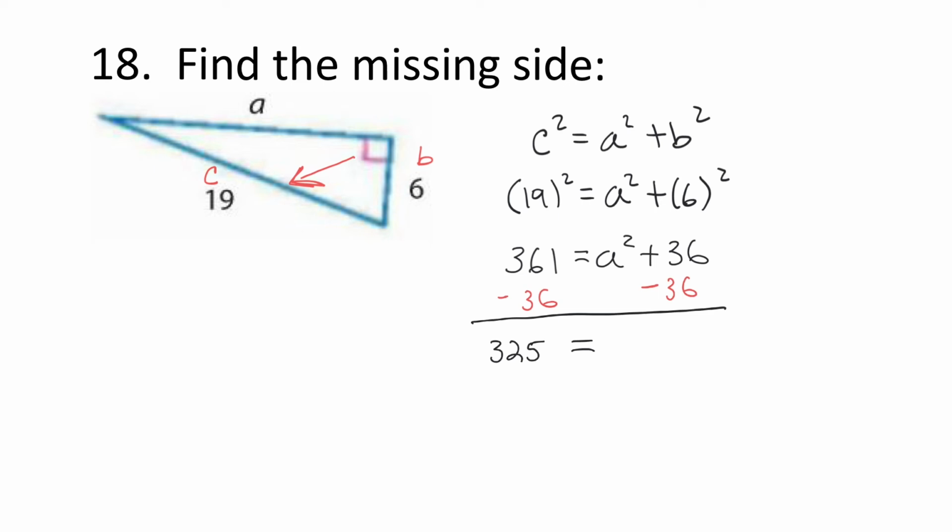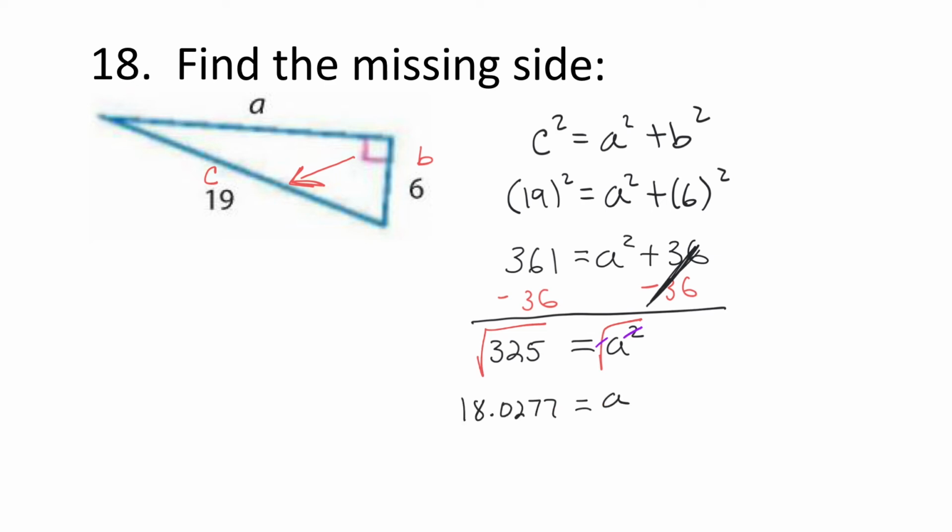On the other side, you have an A squared, and obviously you cancel the 36. Now you want to get A by itself, so we need to cancel the square. I'm going to take the square root of both sides, and this square root and the square cancel, so I'm going to have the A by itself on the right side.